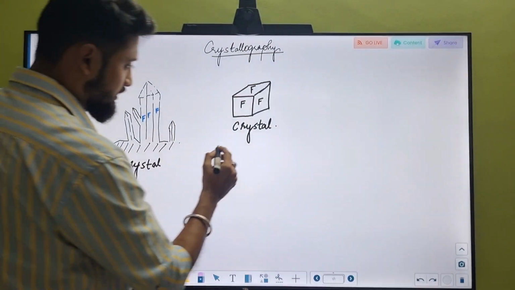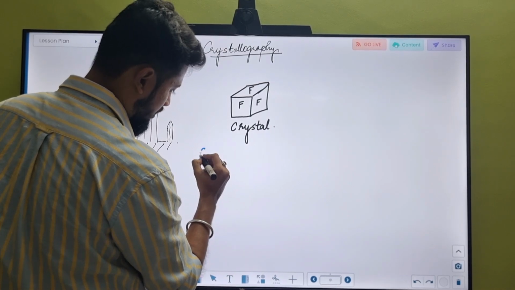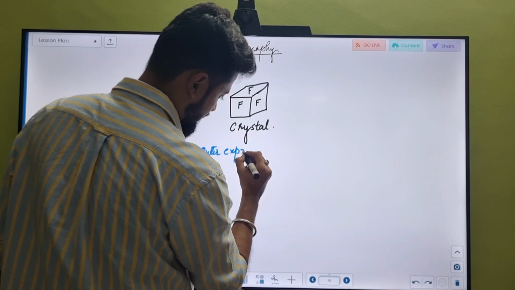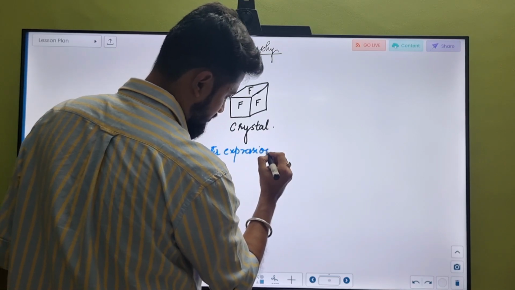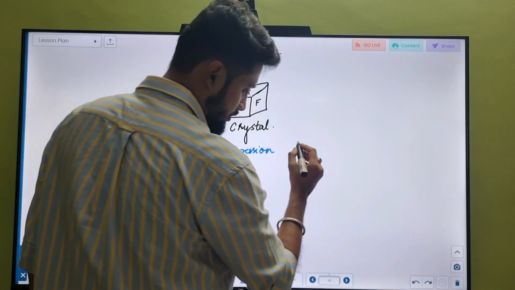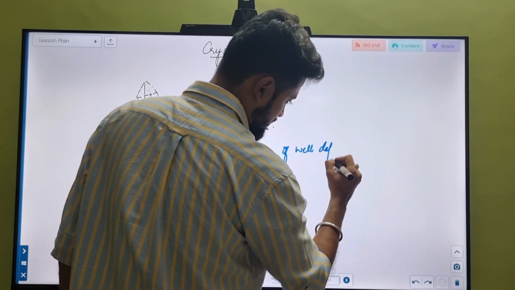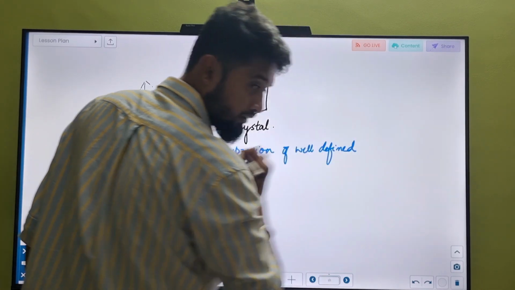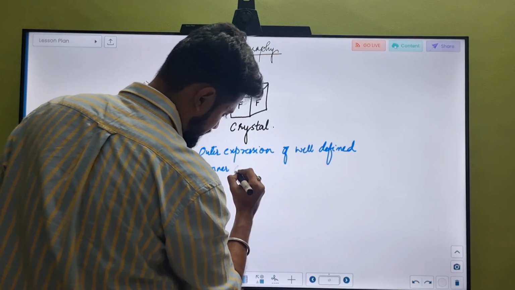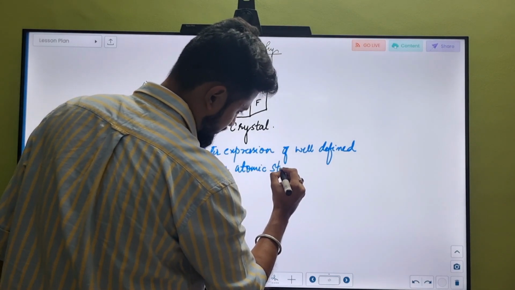So the crystal can be defined as nothing but the outer expression of a well defined inner atomic structure.